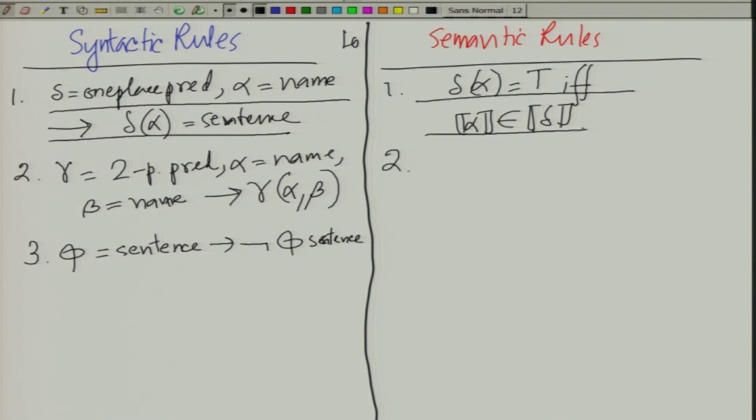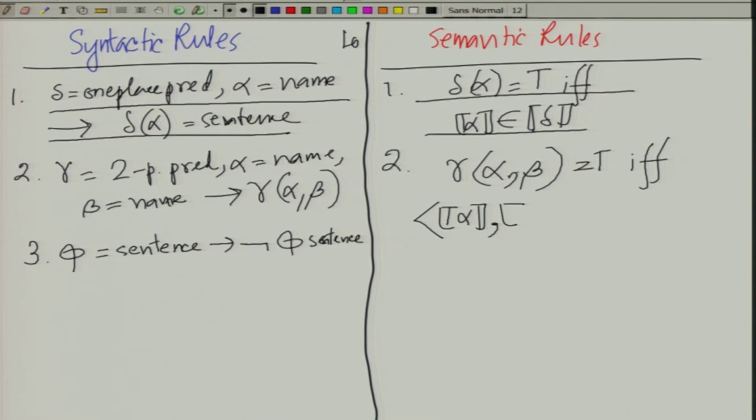And here you have, if gamma is a two-place predicate and alpha and beta are names, then gamma alpha beta, that construction, is true if and only if the ordered pair alpha, beta belongs to the reference of gamma.